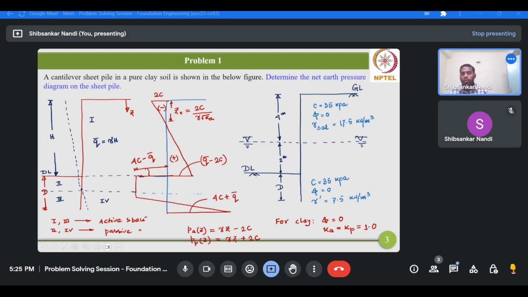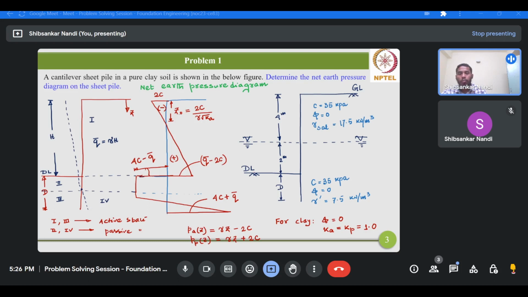Okay, so this is the net earth pressure diagram. At the top, I am repeating once more, you will be having some negative pressure of magnitude 2c.